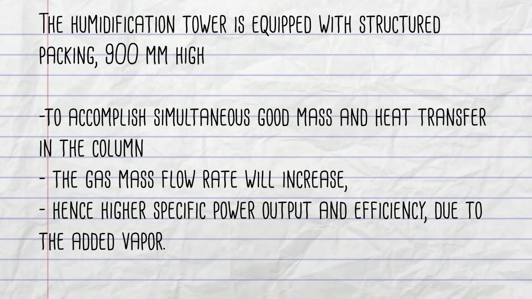The humidification tower is equipped with structured packing 900 mm high. This is done to accomplish simultaneous good mass and heat transfer in the column. Thus, the gas mass flow rate will increase, hence higher specific power output and efficiency due to the added vapor.